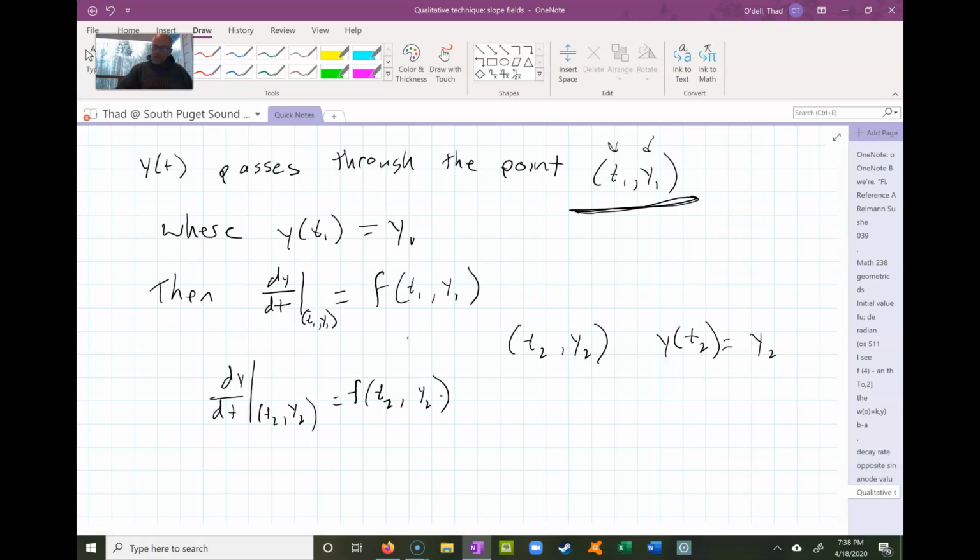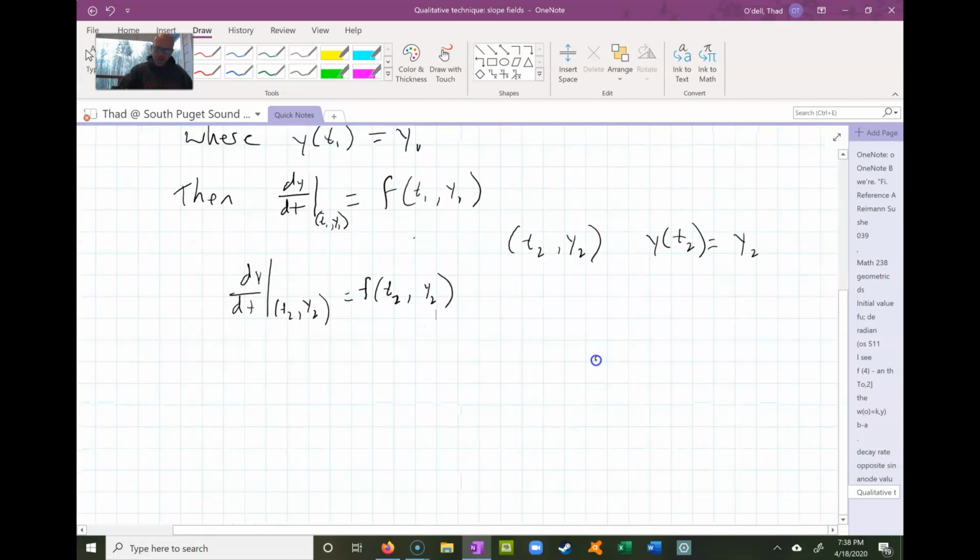So if you remember back in Calc 1, we talked about tangent lines, and the derivative is the slope of the tangent line. So you can see that if I pick some random point off of a function, the y function, and I know the slope at that point, then that gives me a small little picture of what the graph looks like.